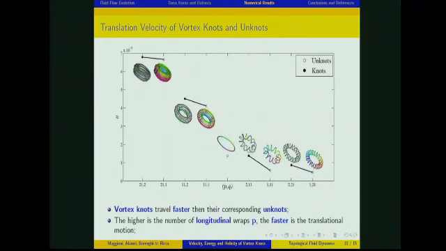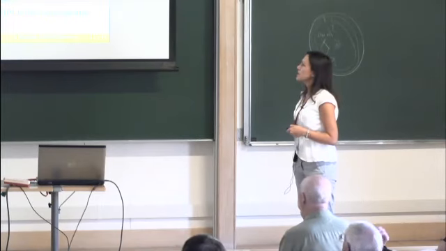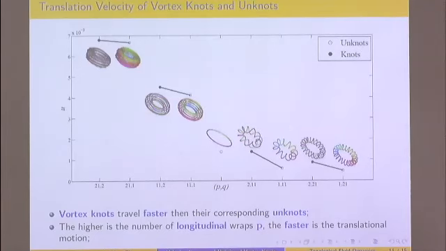Interestingly, we can also compare the role of the topology in this investigation. Again, in this graphic, we can see different structures of torus knots and unknots, which are compared in terms of the topology. So on the x-axis, we now represent the numbers P and Q, which represent our knots, so the number of meridian wraps with respect to the number of toroidal wraps.